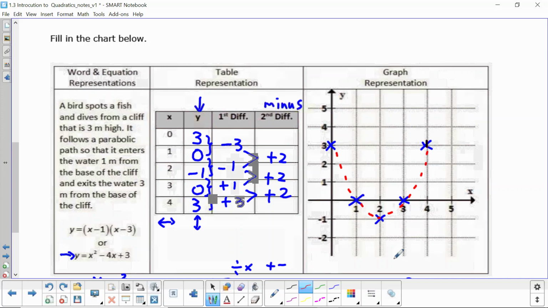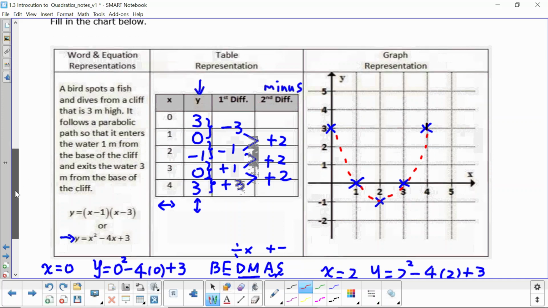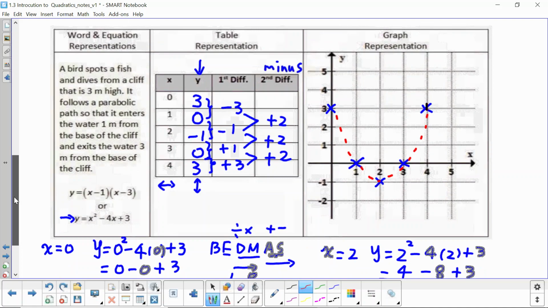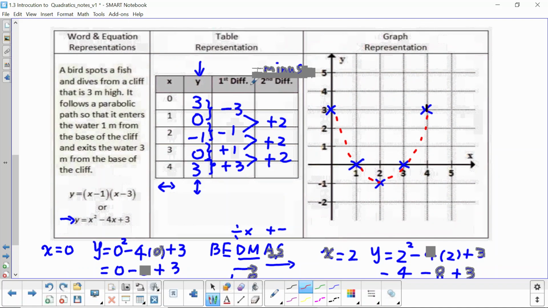So this is how you can graph it, and how you are going to be able to tell which one is a quadratic relation. For a quadratic relation, if the expression is given, you look for the squared.